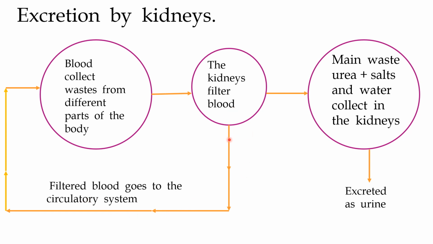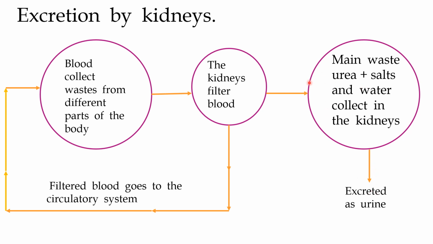Can you see these arrows going down from here back into the body and gets into the circulatory system, and the cycle goes on. But now children, that waste that the kidney has filtered, all the dirt, all the waste, all the poisonous gas, everything comes out from the urine.